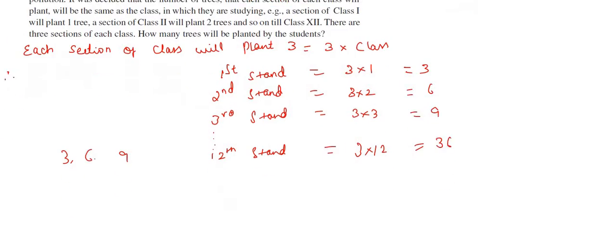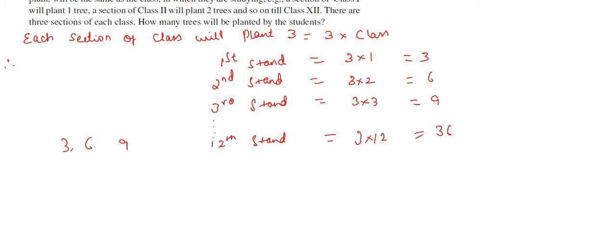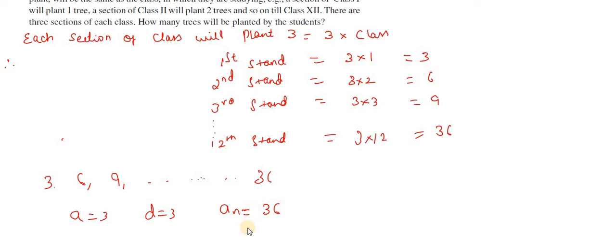So here we have an AP, that is 3, 6, 9 up to 36. So here a is equal to 3, d is equal to 3, and an is equal to 36. Now we need to find how many plants they're going to plant.